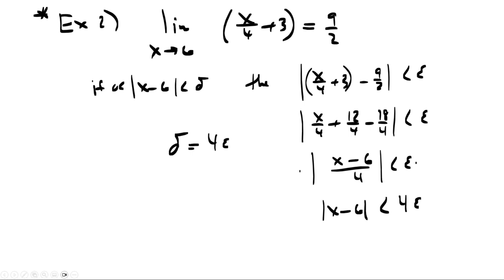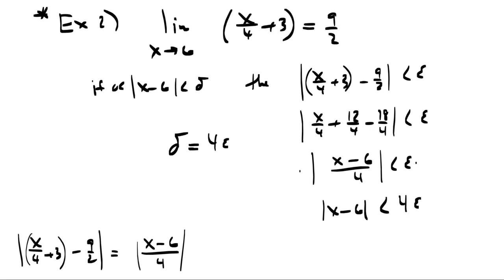Now we actually have to prove it. Let's prove it. The proof is that x over 4 plus 3 minus 9 over 2. I'm going to skip a few steps, going from here right to here because those are all the same anyway. Let's be a little more thoughtful as we do this. That's the absolute value symbol. I'm going to take out a 1/4.